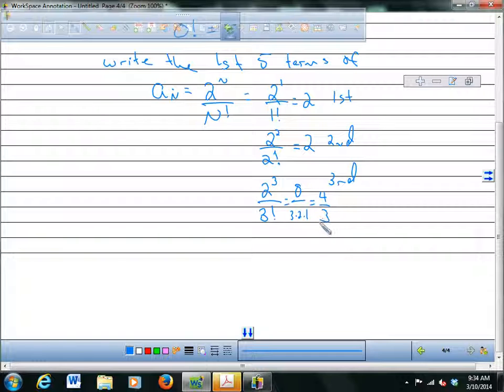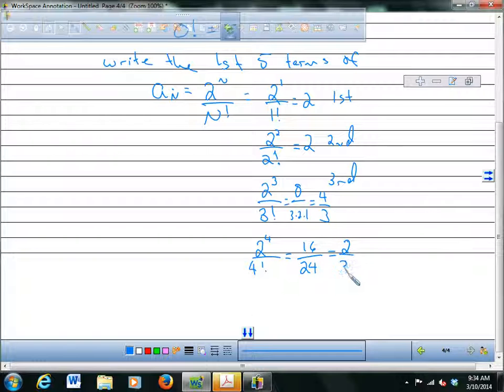And the fourth term would be 2 to the fourth over 4 factorial, which is 16 over 4 times 3 times 2 times 1, which is 24. You can divide both of those by 8, right?